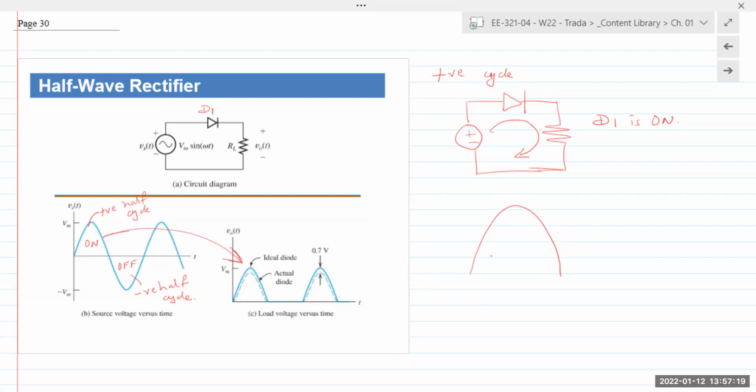In the negative half cycle, the electrons reverse, voltage polarity is reversed, becomes minus and plus. So the diode is now off.